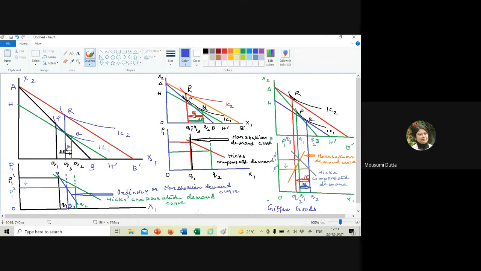What was the figure number in the last case? 1A, or 1AB, I think.